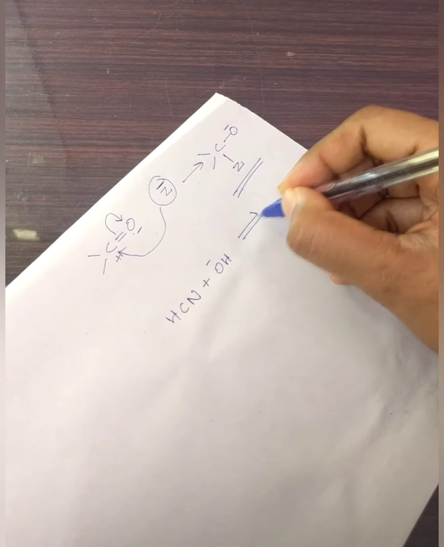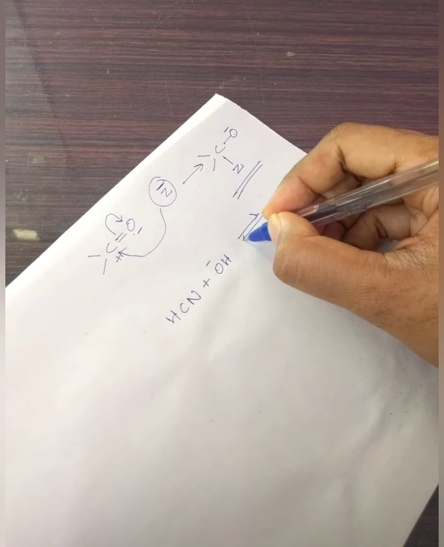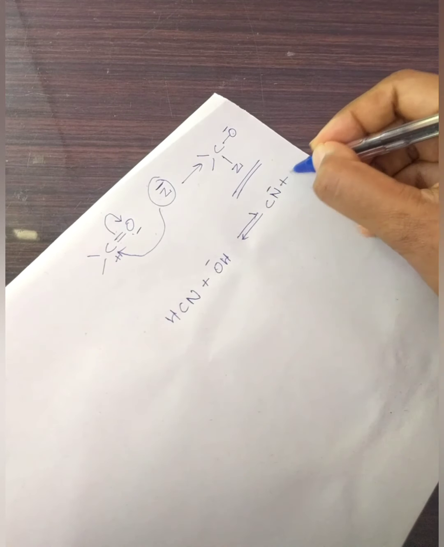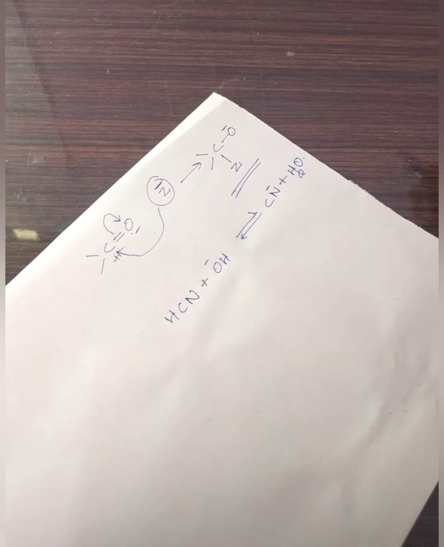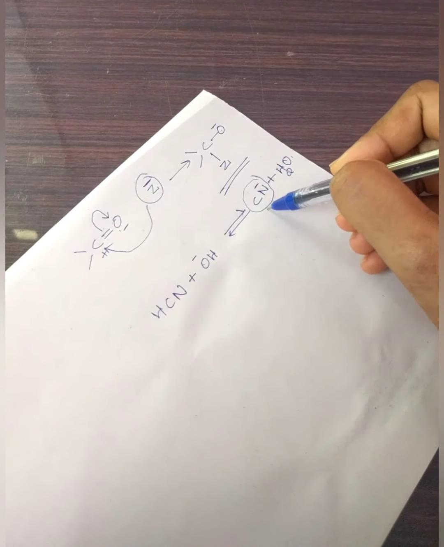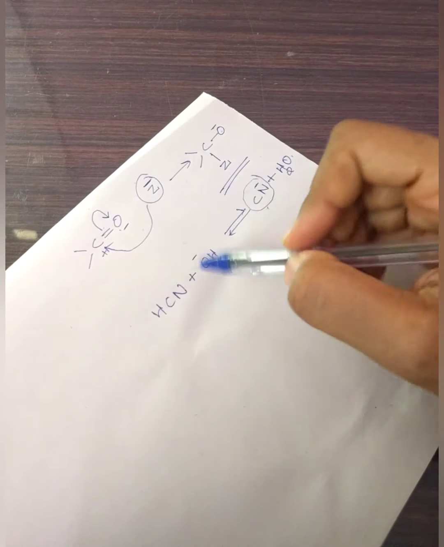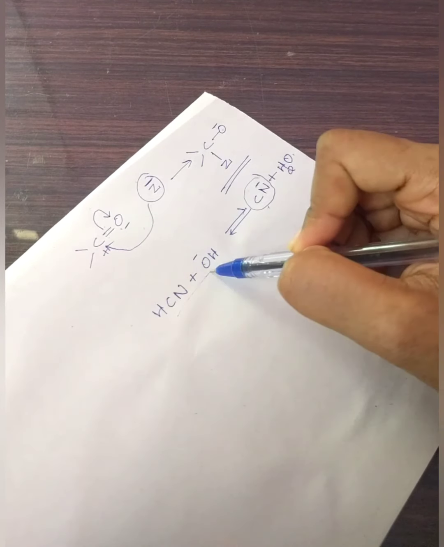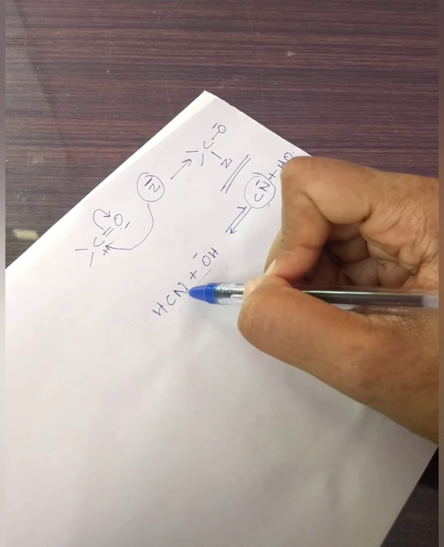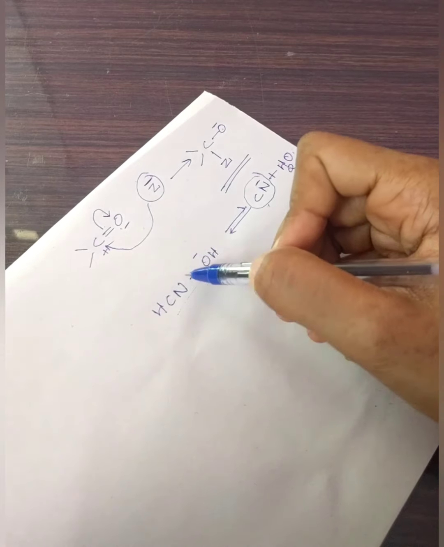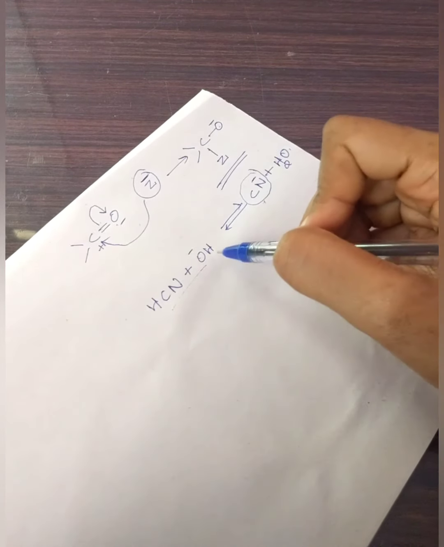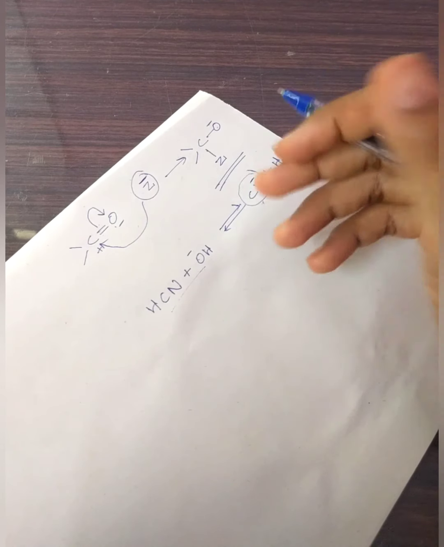It's not an equilibrium. So what will happen is, here you will be having a CN minus plus H2O. And from this, CN minus is the nucleophile, and this will be attacking, not the OH minus. In the case of HCN, there are chances that you might get confused between the OH minus ion and the CN minus ion. Not the OH minus ion, CN minus ion is going to attack.